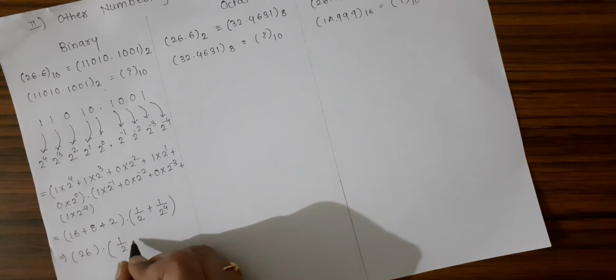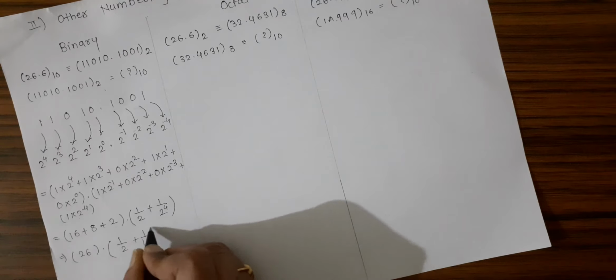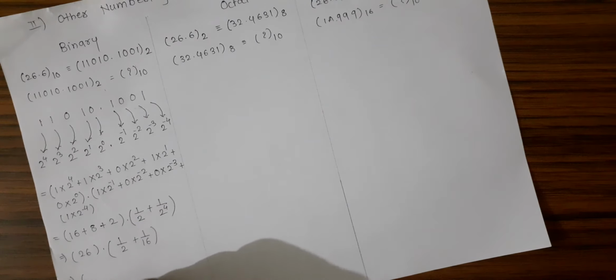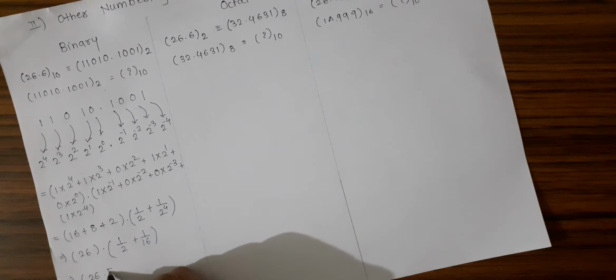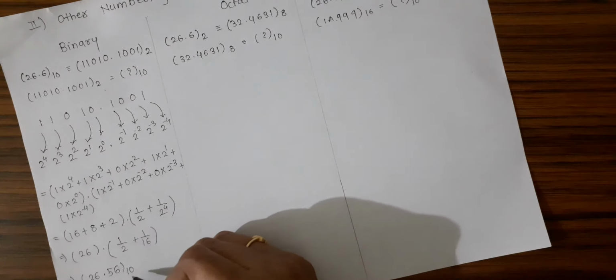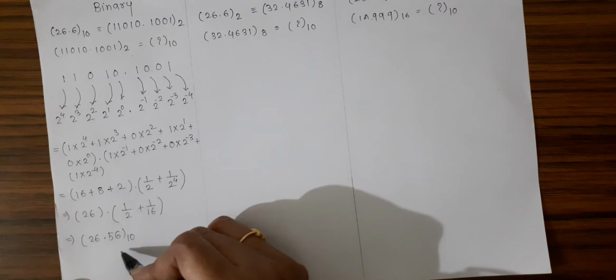After solving this, we will get 1 by 2 plus 1 by 16. If we solve this, we will get 0.56. So this is the decimal equivalent of the given binary.